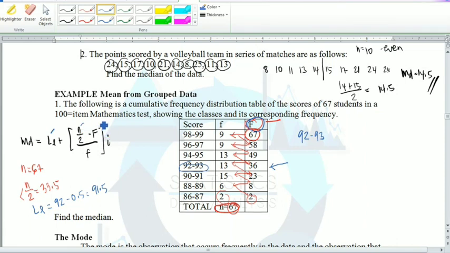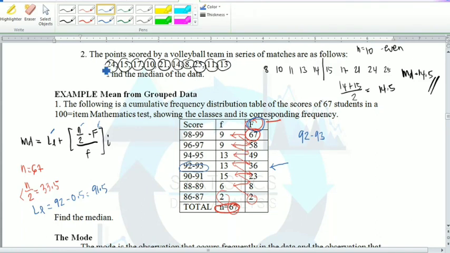Now we are to determine the less than cumulative frequency. Now in this case, the less than cumulative frequency is the less than cumulative frequency below your median class. Again, the value of our less than cumulative frequency that will be used in your formula is the less than cumulative frequency below your middle class.